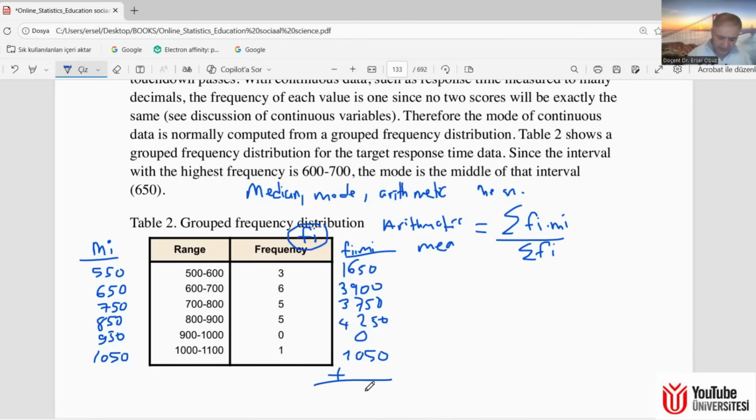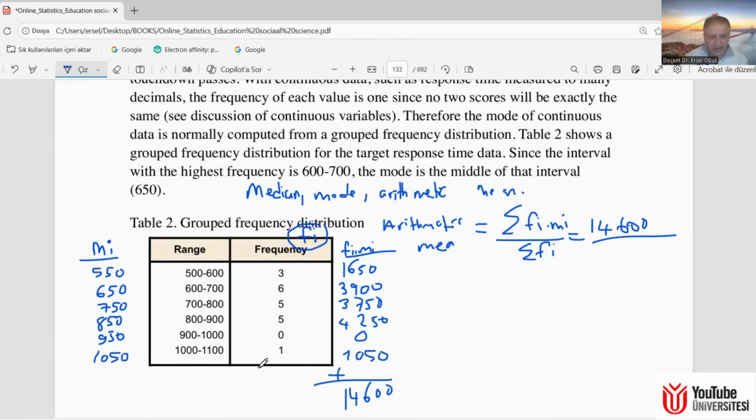So we add them up. Let's do it. 14,600. So that is the numerator, 14,600.